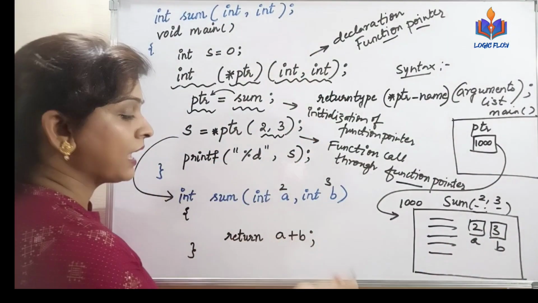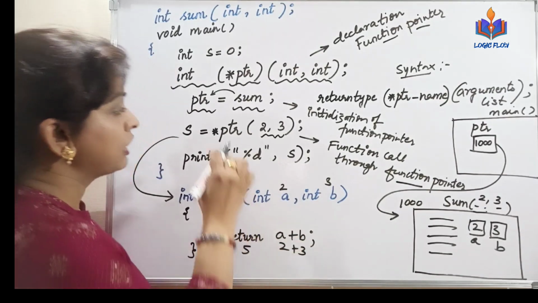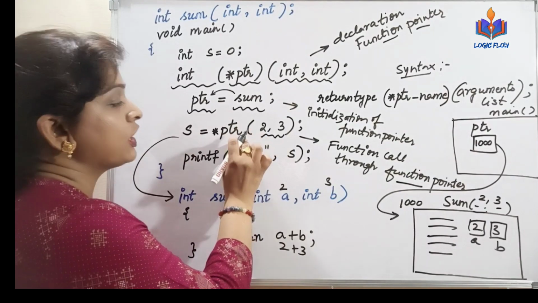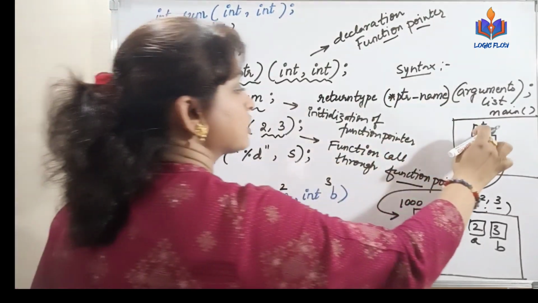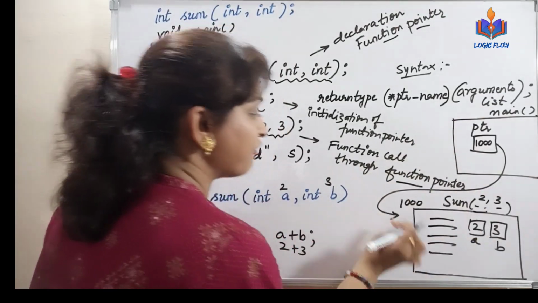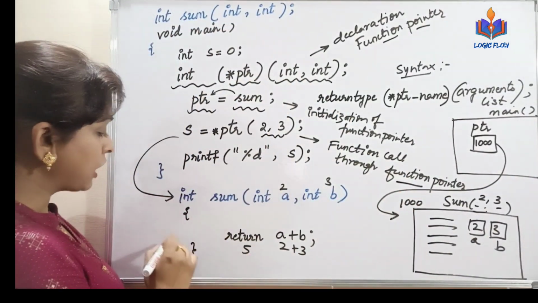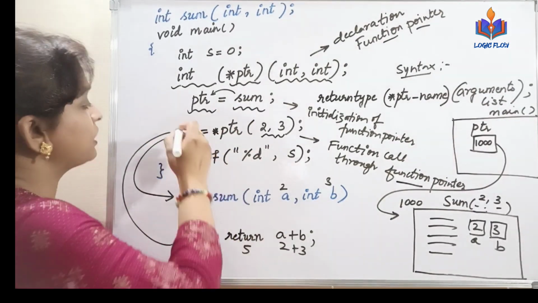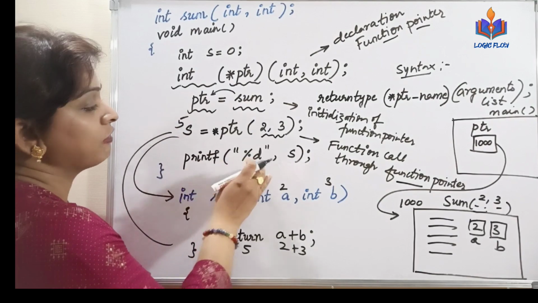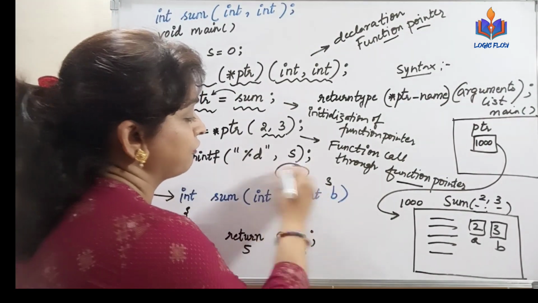I say return a plus b. So it is 2 plus 3, returning 5 to the place where the sum function was called through the function pointer. It gets computed, control is back here, and s gets 5. When I say printf %d, print the value of s, I am going to get the answer as 5.